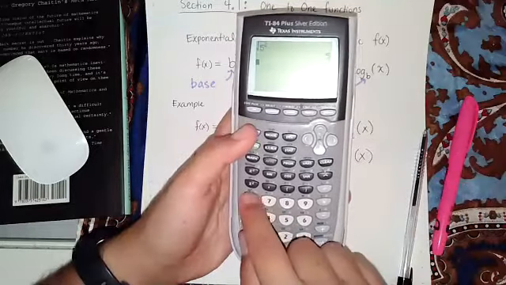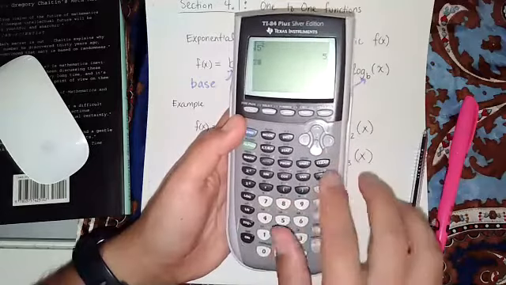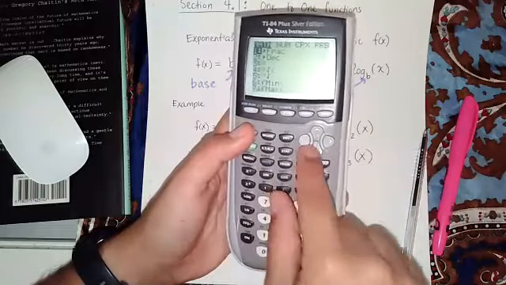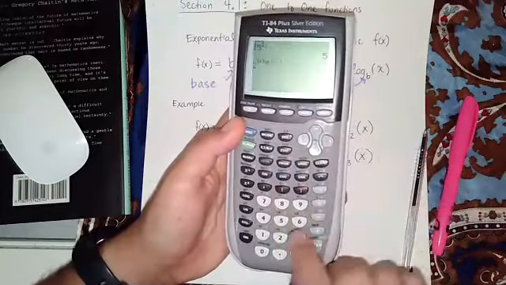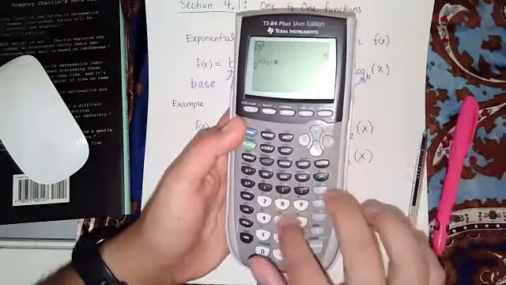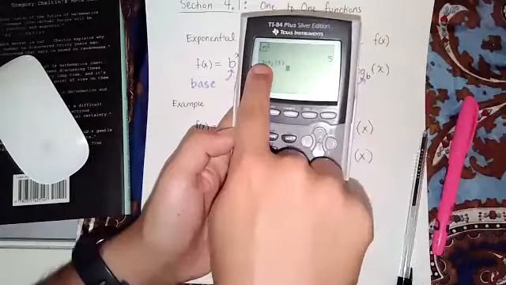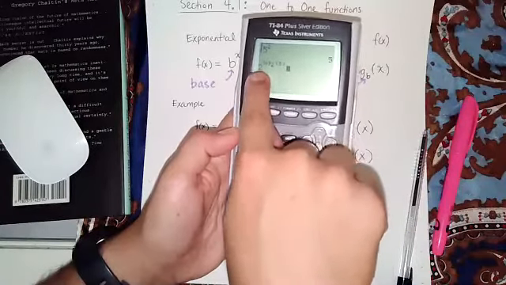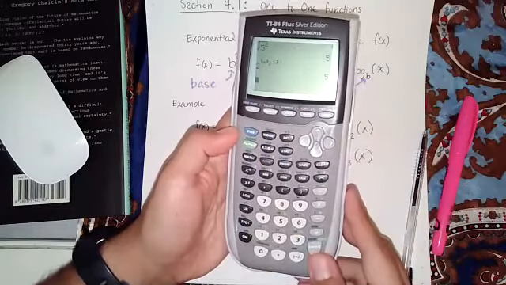So if I were to take 2, the base 2, raised to log base 2, which is its inverse, of some number, let's say 5, then because it's a log base 2 and the base is 2, the base and the log base will cancel each other out and we should just end up with 5.